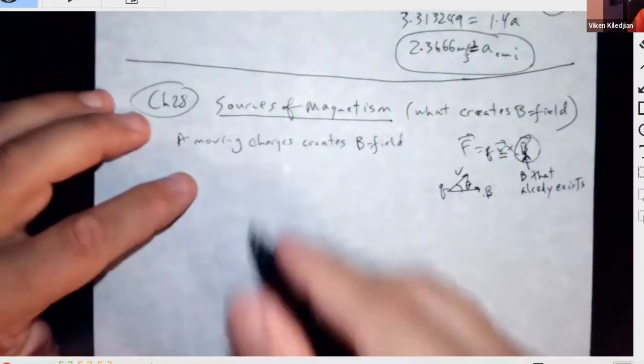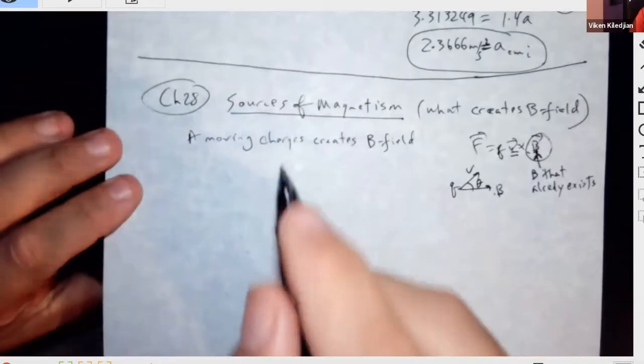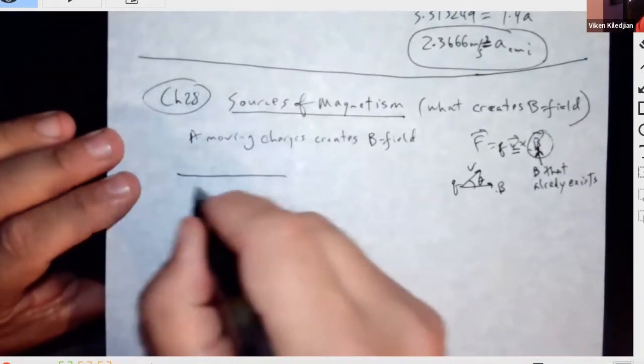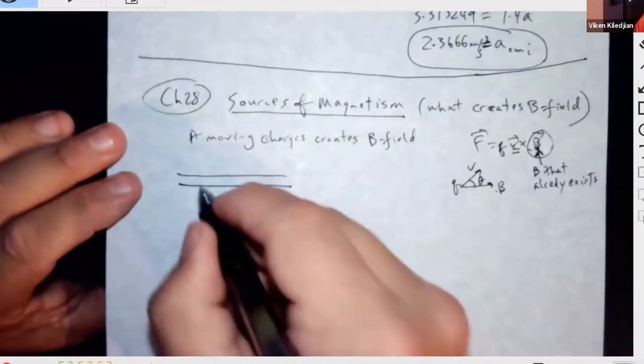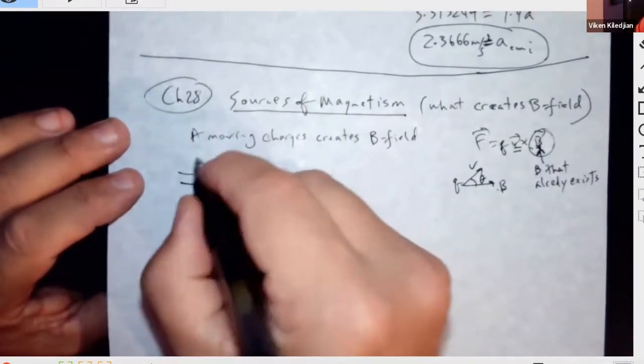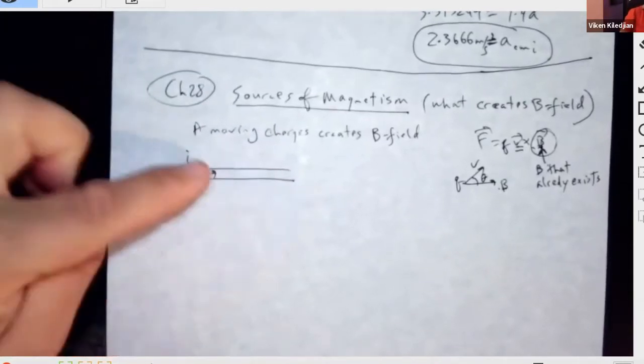So the simplest thing is, of course, a current carrying wire, which is an example of a charge that's moving. You've got a bunch of charges that are moving.